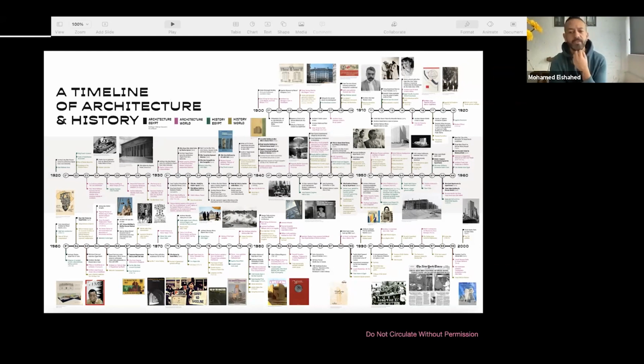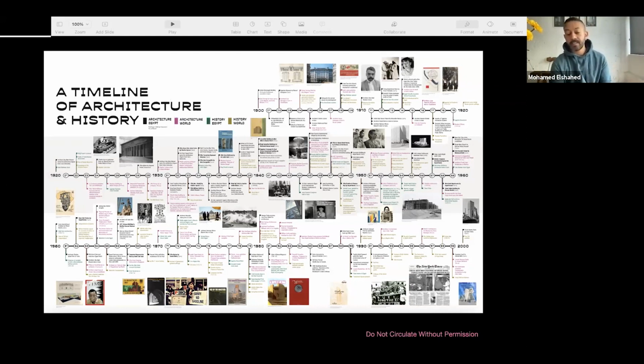I don't think this would have been possible without a talented designer to translate all this information into a single wall. The idea was to position not only the buildings, but also other benchmarks or moments within the history of modern architecture and architectural practice in 20th century Egypt, and then put all of that in context in reference to more famous, iconic benchmarks in the history of modern 20th century architecture.